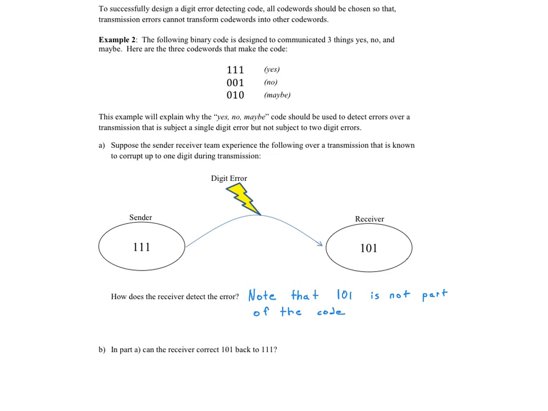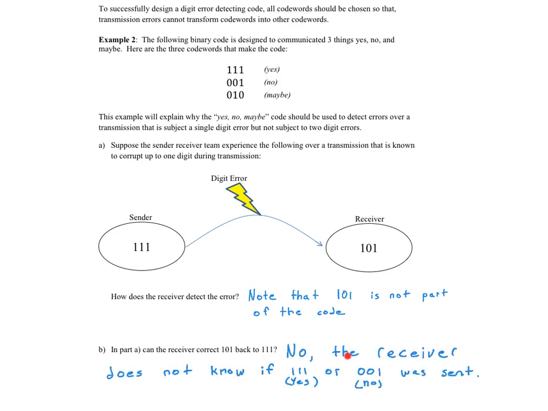It could have also been this 0 that was sent in error to produce 101. So the receiver at that point does not know which numbers were actually sent. Was it 111 or was it 001? So in this case, we can do the detection just fine, but we can't do the correction. So the receiver cannot correct back to 111 because the receiver does not know if yes was sent or if no was sent.